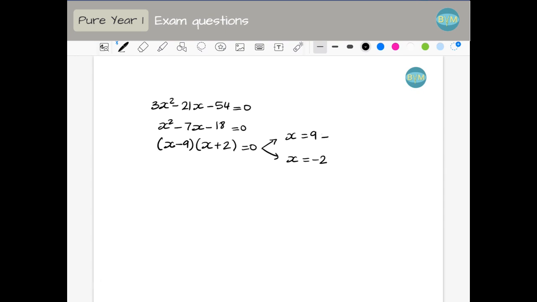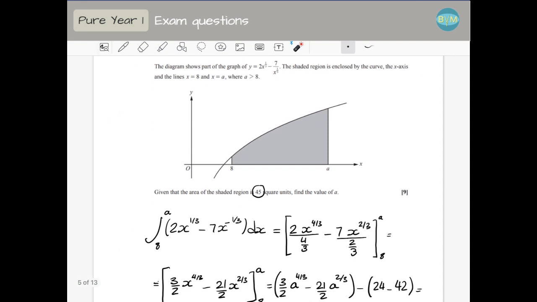This x wasn't x, it was A to the power of 2/3.